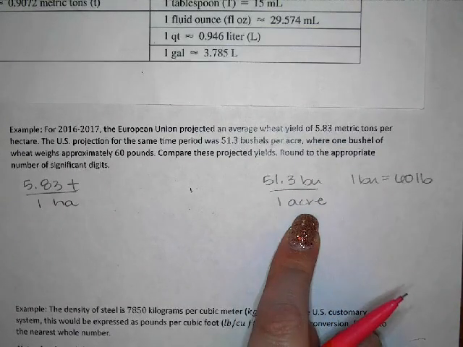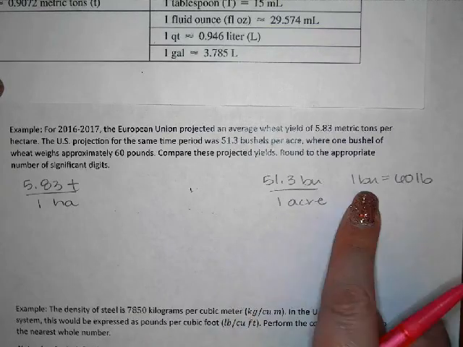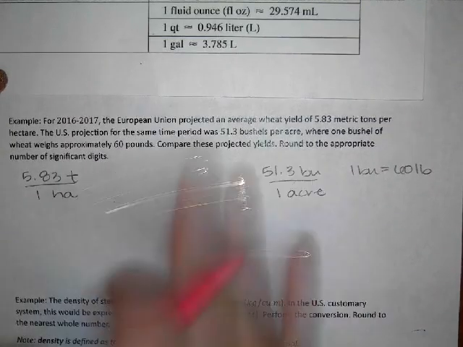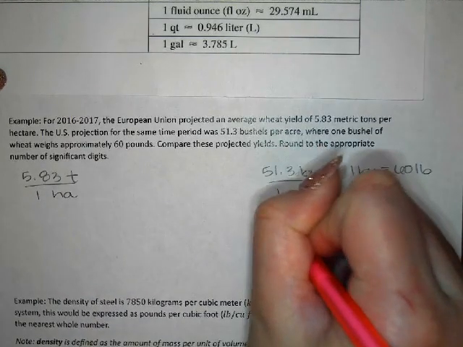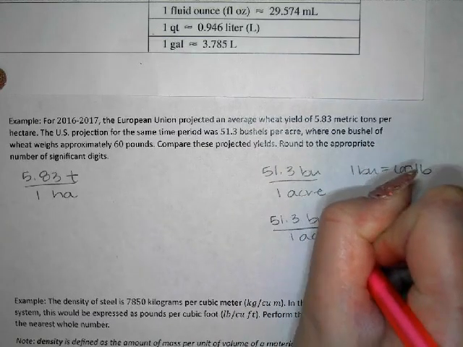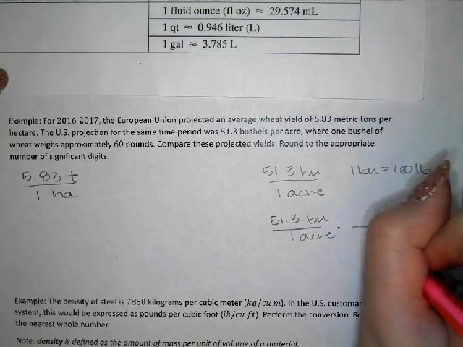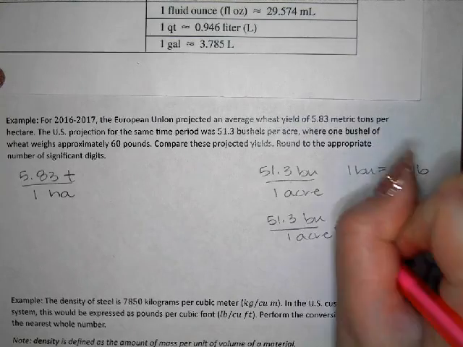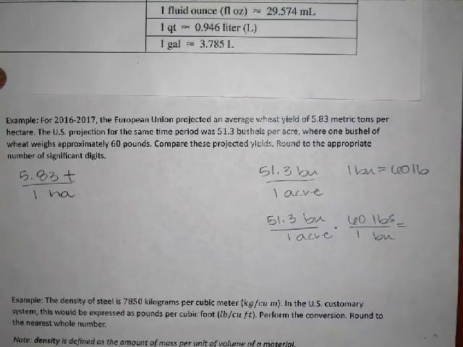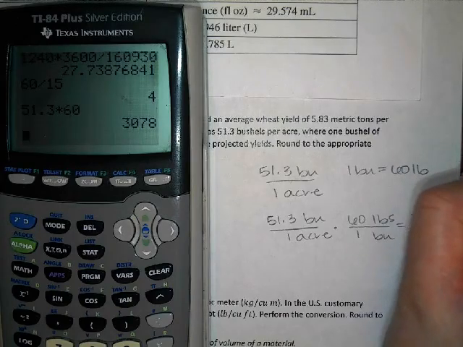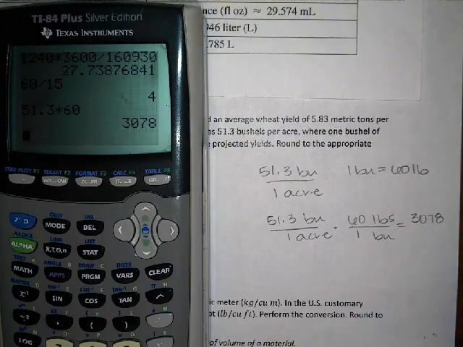So I'm going to do 51.3 bushels per 1 acre, and I'm going to get rid of the bushels measurement and introduce the pounds measurement. 60 pounds per 1 bushel. So 3,078, this is pounds per acre, 3,078 pounds per acre.